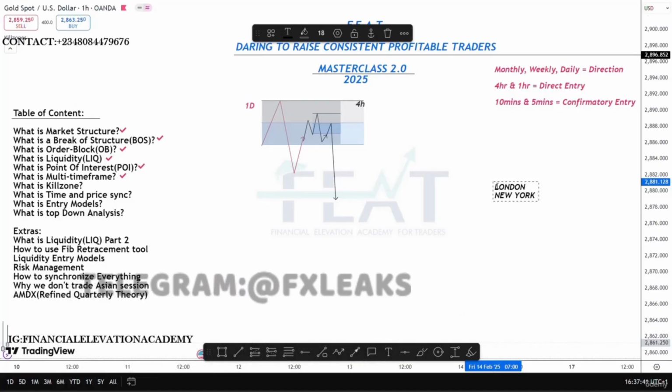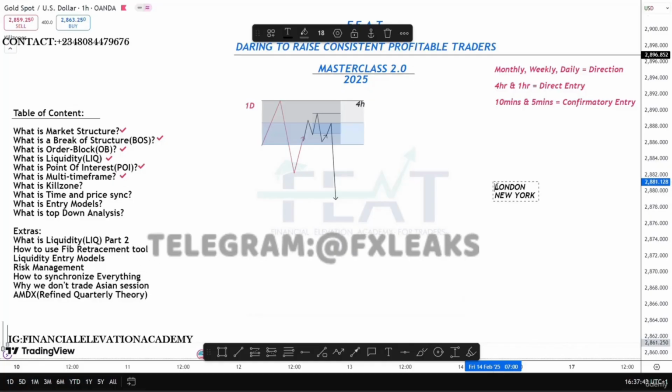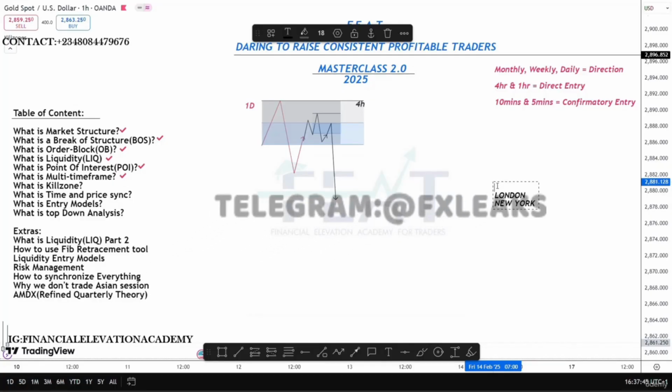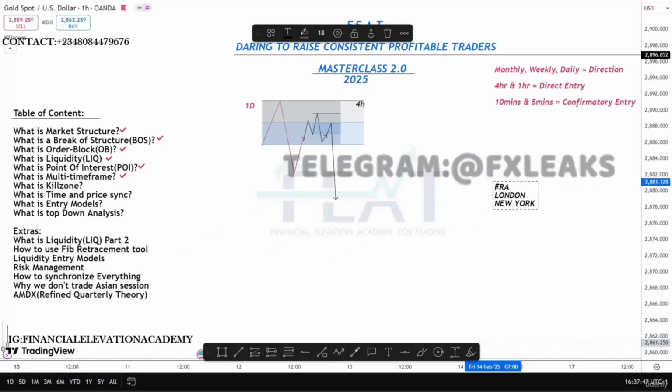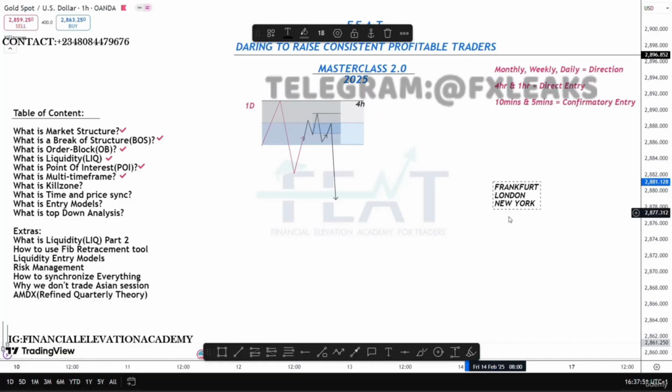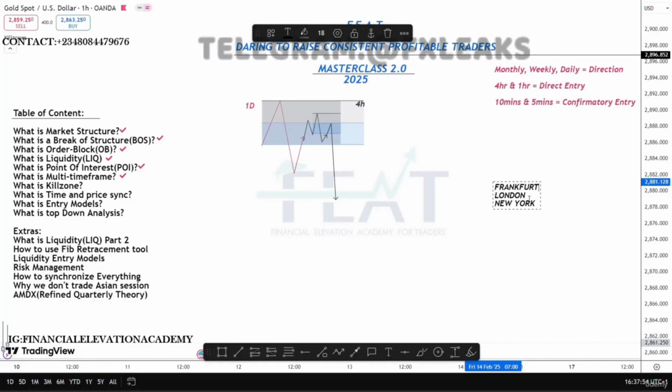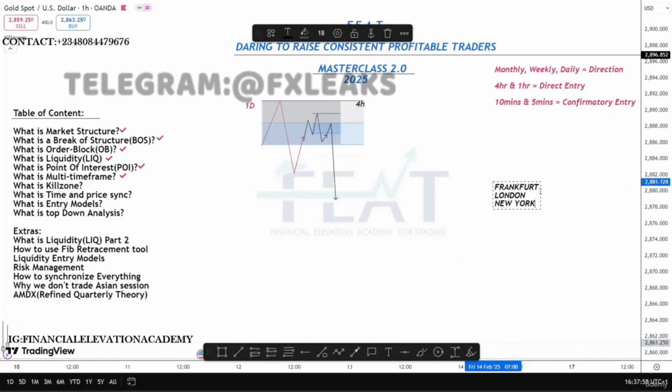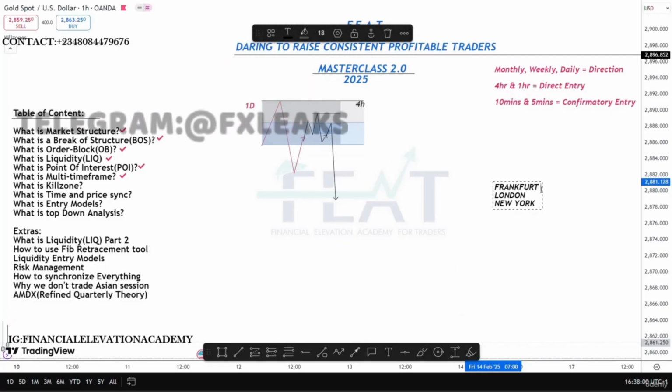Just because of the fact that then there is the Frankfurt, or you can say Europe session. Frankfurt is just a 1 hour difference from the London. And then there's New York. So these are the sessions we trade.